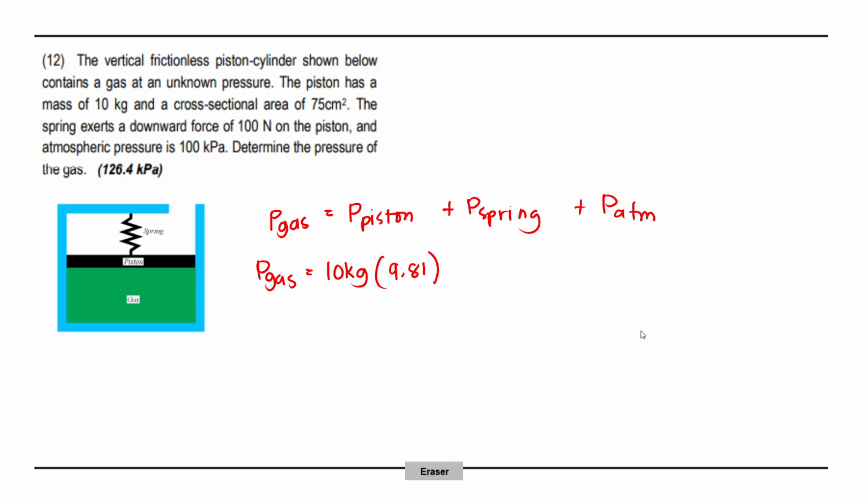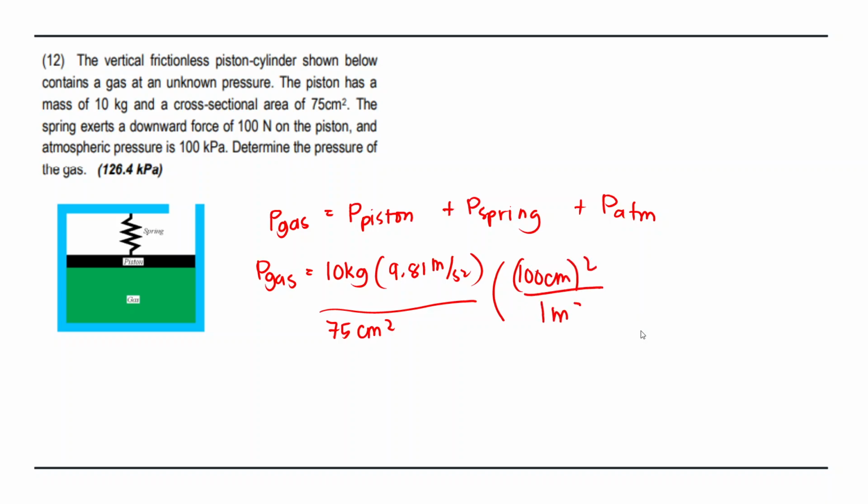Newton yan, meter per second squared, over the area na 75 centimeter squared. Convert natin to 75 times 100 centimeter squared over 1 meter squared.